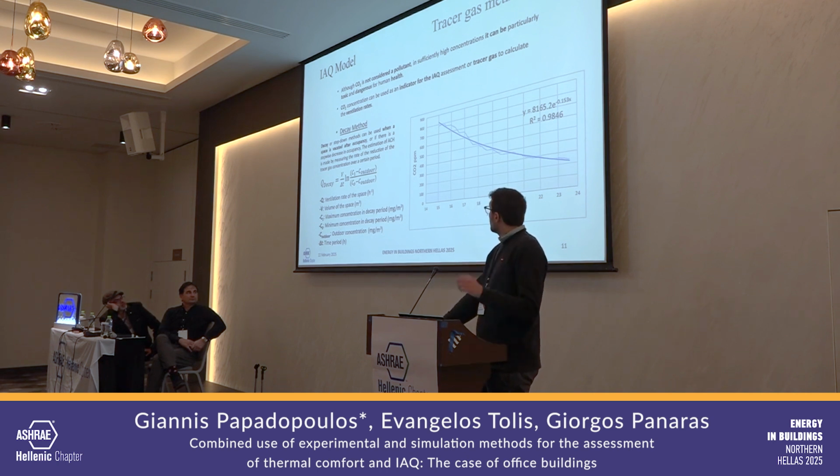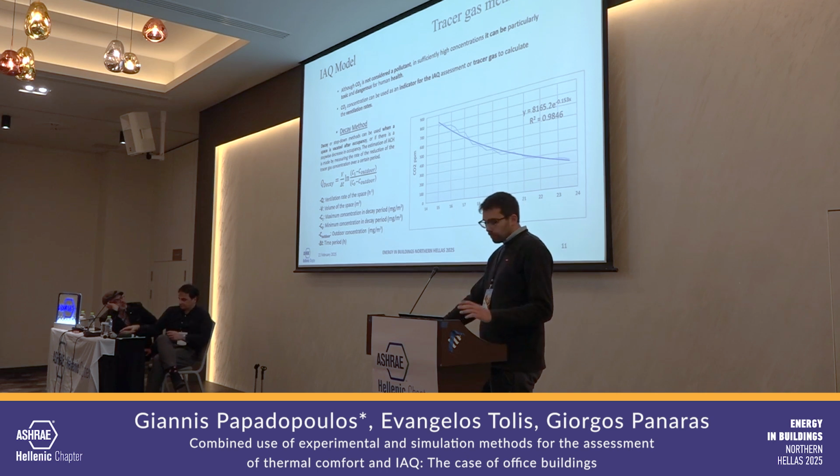We can use CO2 as an indicator gas to predict the ventilation rate that we have in our office or building. This decay method, or step-down method, can be used when a space is vacated after occupancy.